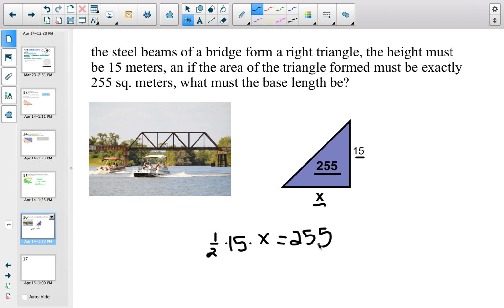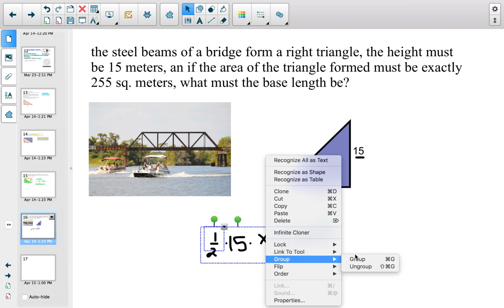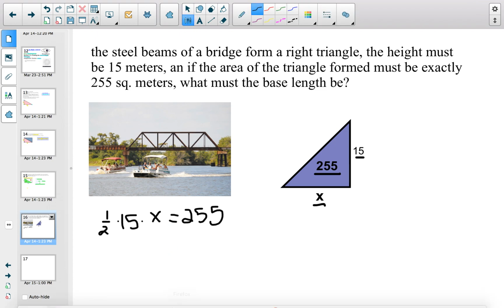So we're going to do half of 15, which we would get 7.5. So now we have 7.5x equals 255.